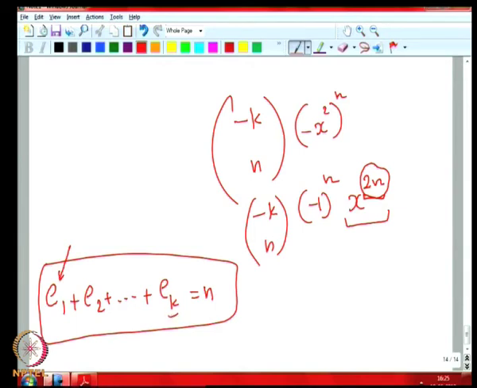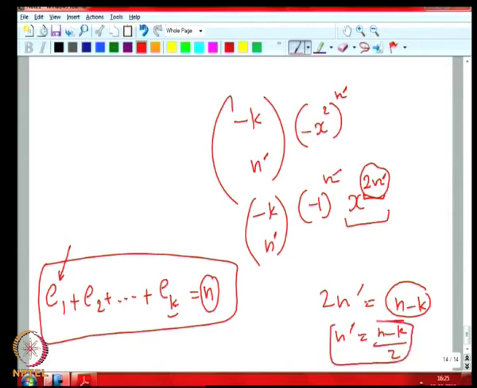Suppose k was an even number, then n is also going to be an even number, and n minus k is also going to be even. So we can put n dash as the general term, where 2n dash is equal to n minus k, and then n dash equals n minus k by 2, which is going to be an integer, so we can substitute here.